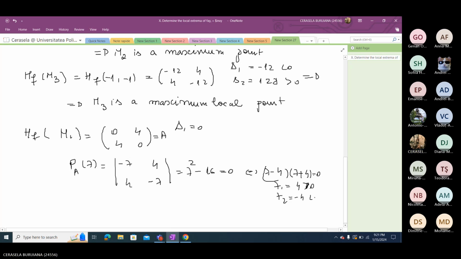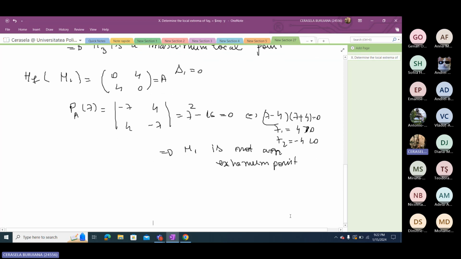So the point is not an extremum. Unfortunately, well, that's not so bad for us. It's actually good because we are able to write the answer. So it is not an extremum. I wasn't lucky, unfortunately.